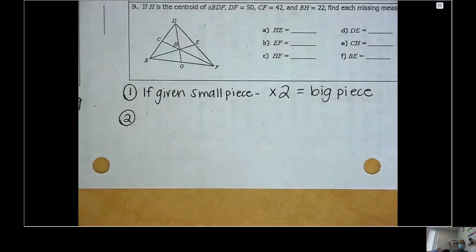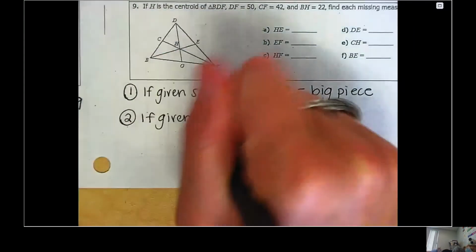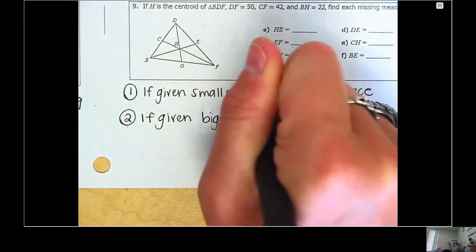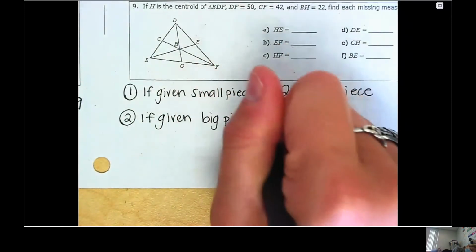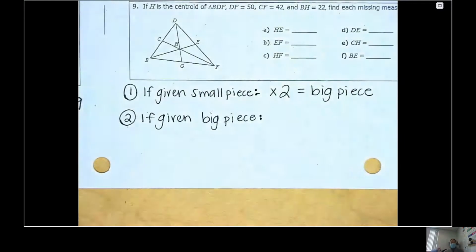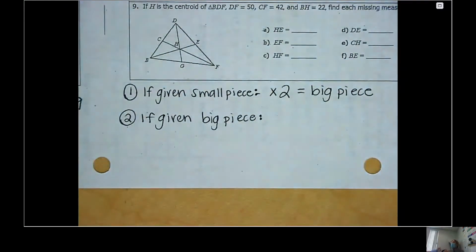Scenario 2 is I give you the big piece. Okay. So scenario 1, I give you the small piece, you multiply by 2. If I give you the big piece, what should you do?